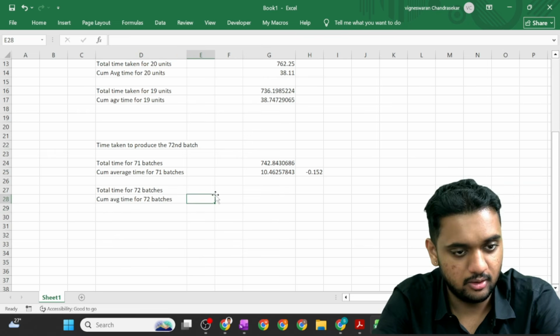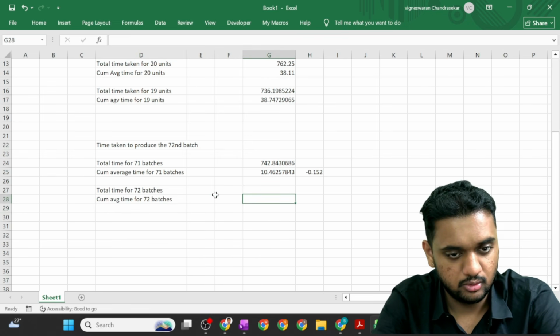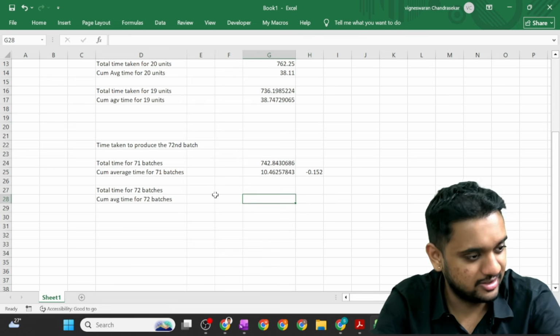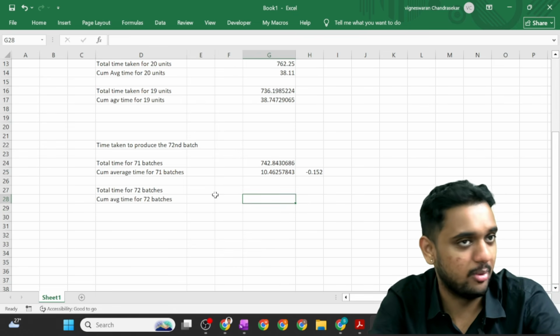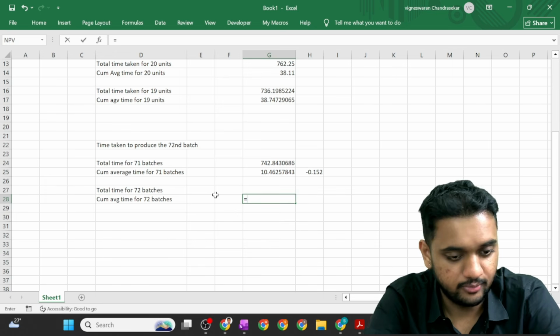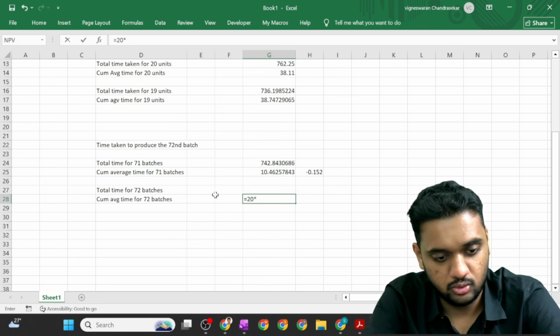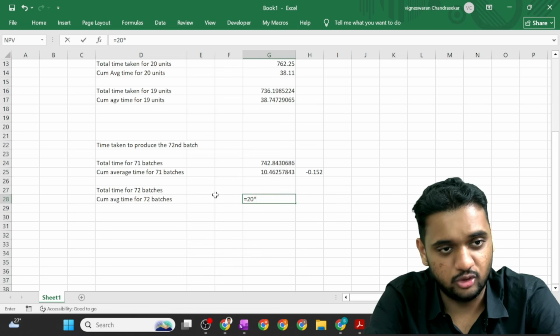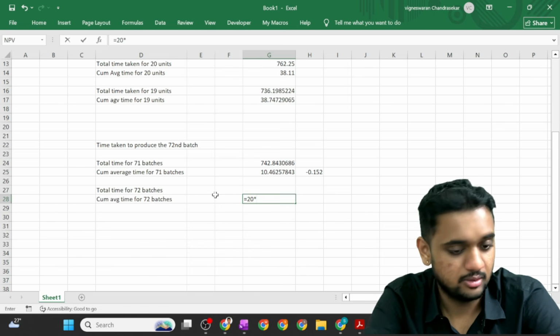What is the formula? Again, the log formula. Log is still the same, everything 90% now. The formula is A into x to the power b.